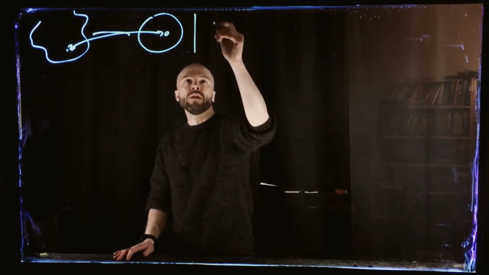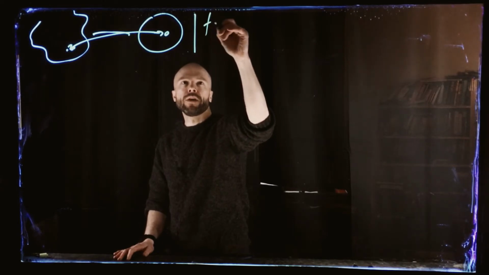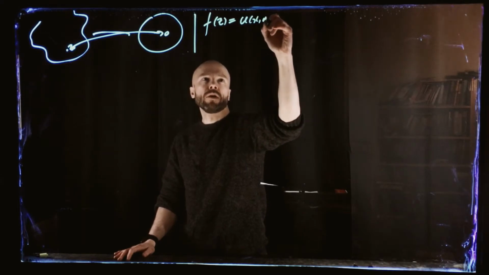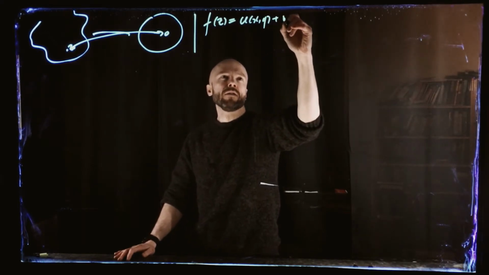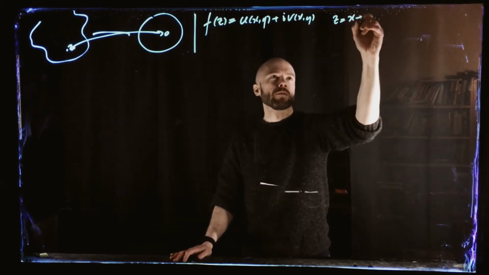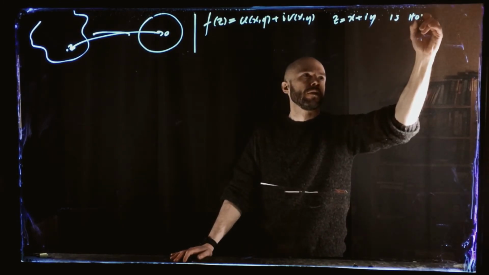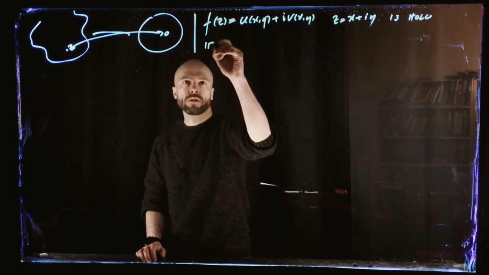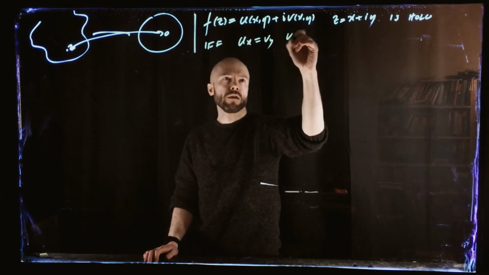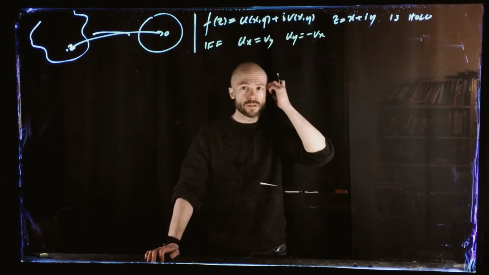So, as we know, a mapping f of z equaling u of x,y plus i v of x,y, where z equals x plus iy, is holomorphic if and only if it satisfies the Cauchy-Riemann equations: u_x equals v_y, u_y equals minus v_x.